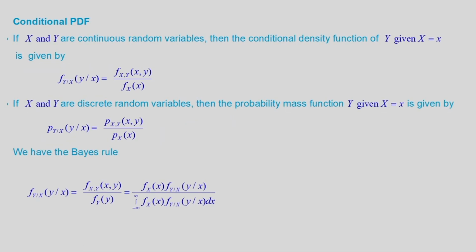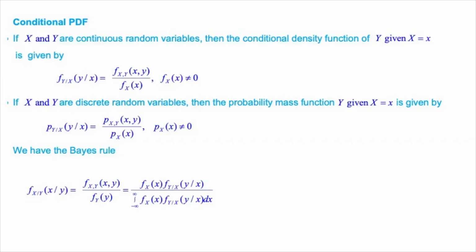We have characterized multiple random variables in terms of joint CDF, joint PDF, joint PMF, etc. Now, let us see how to describe the conditional probabilities. Suppose X and Y are continuous random variables, then the conditional density function of Y given X equal to small x is given by this.